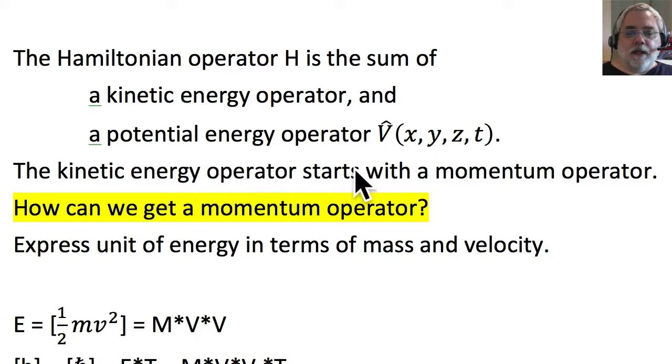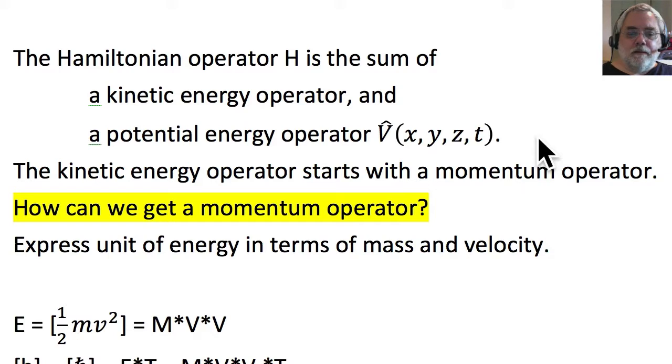We want to look at the kinetic energy operator. The kinetic energy operator, we want to start with finding a momentum operator. How can we get a momentum operator? Think about that and let's see how we get a momentum operator.